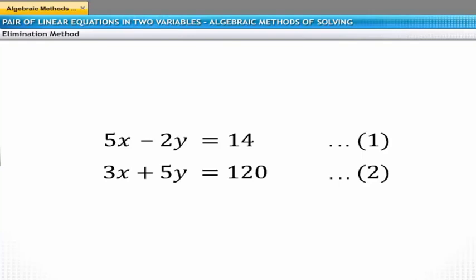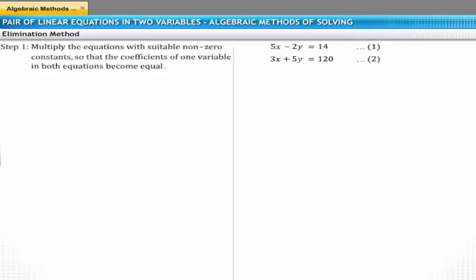Consider the pair of linear equations 5x minus 2y is equal to 14 and 3x plus 5y is equal to 120. In this method, the first step involves multiplying the equations with suitable non-zero constants so that the coefficients of one variable in both equations become equal.